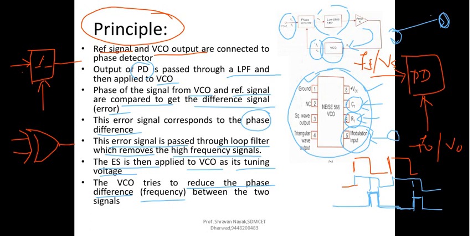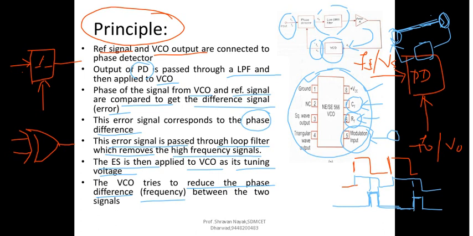You have too many elements coming into the picture in between, where there is a possibility that the frequency gets deviated or the phase difference between the input signal and output signal becomes larger and larger. But this deviation is again brought back to the normal value by means of this voltage controlled oscillator. So this is the basic principle of working of your phase locked loop.